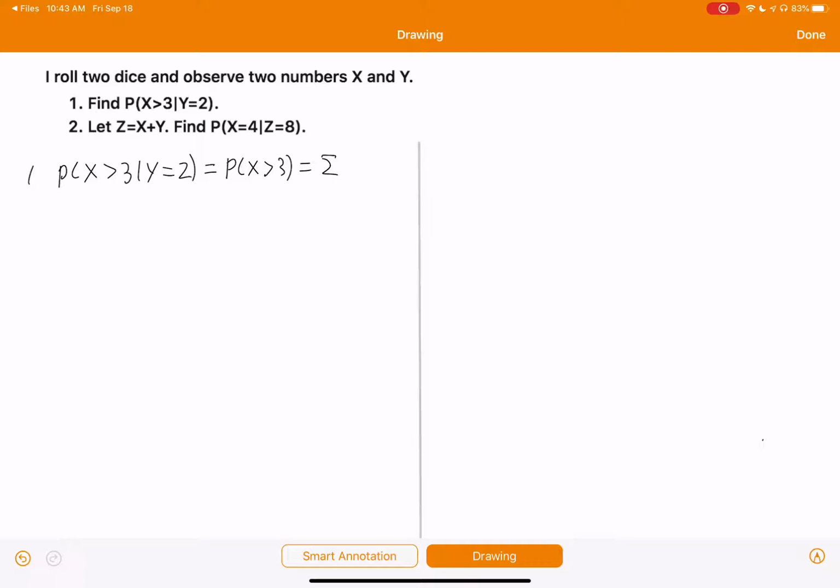So this is equal to the sum for k from 4 to 6 of probability x equals k. Each of these probabilities x equals k is 1/6, because it's a dice with 6 faces, and there are 3 of them. So this is equal to 3 times 1/6, which equals 1/2.